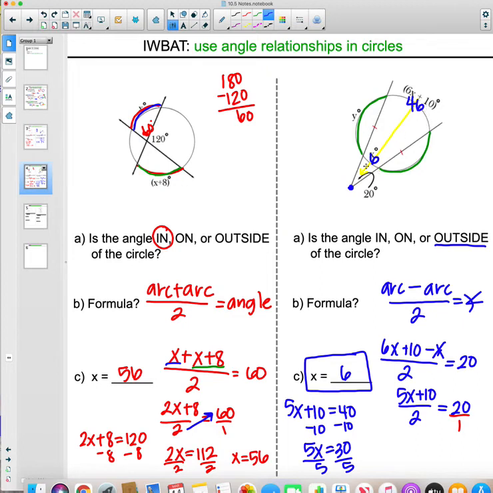So that's 2 arcs out of our total. So let's do 360 minus 46 and minus 6. That'll give us 308 degrees left over for these 2 green arcs, which are exactly the same. So we'll divide by 2 and get y equals 154 degrees for that arc.